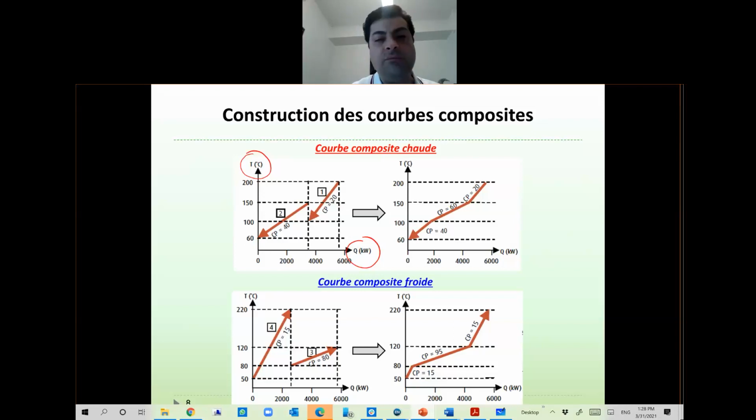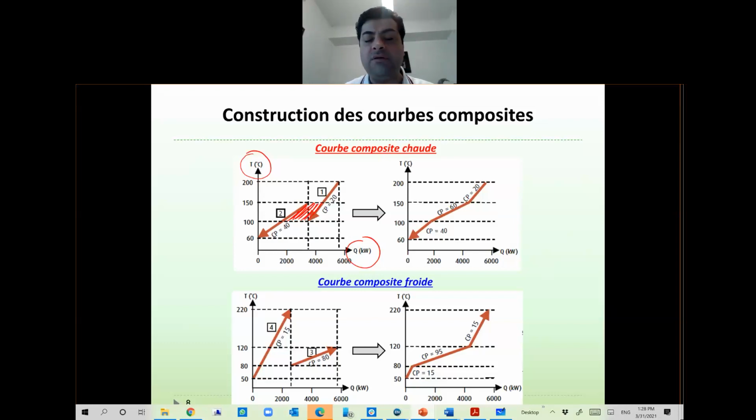If you see, by plotting these two streams in this diagram, you can see that these two hot streams have overlap here.